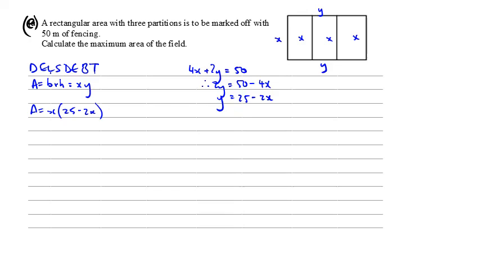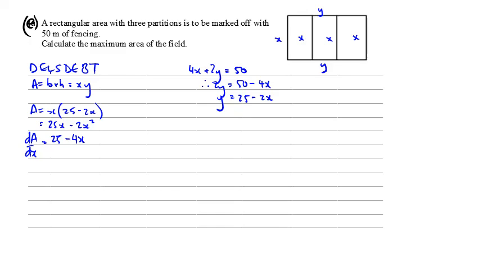So to link these two, area is x lots of 25 minus 2x. Now we substitute in, so we're going to get 25x minus 2x squared. Differentiate: dA by dx equals 25 minus 4x.